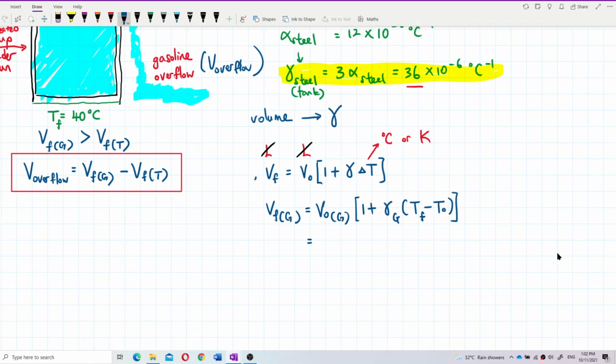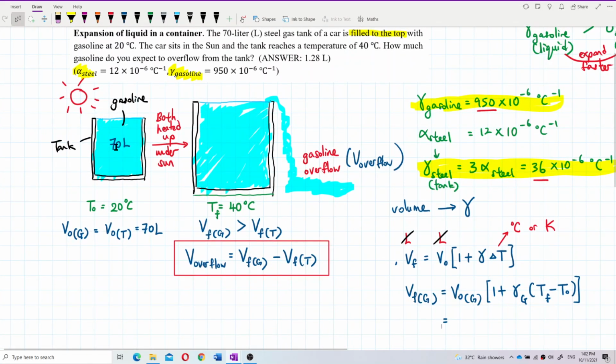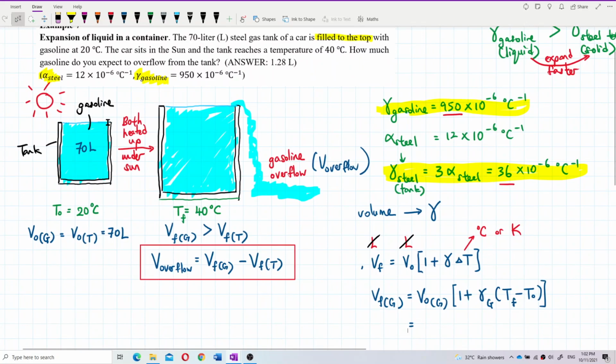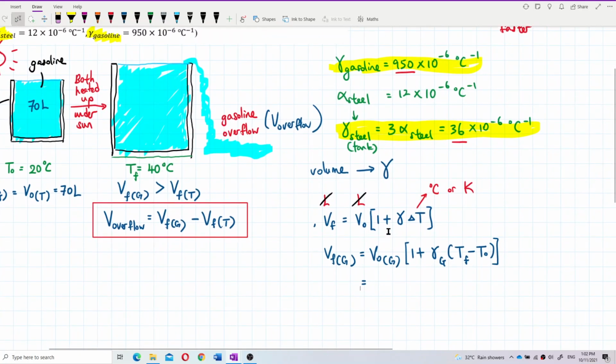So what's the initial volume of gasoline? It is 70 liter, because it is filled completely to the brim. Write down the unit liter there, so your answer is also in liter.